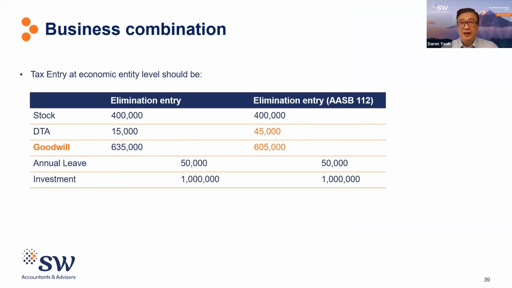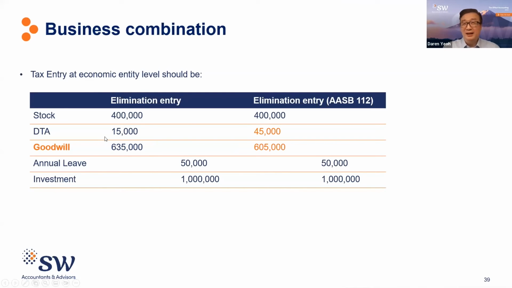So what does the journal entry look like? This is an initial elimination entry before we apply AASB 112, and this is after. Here we bring in the assets at fair value, 400,000 stock, DTA of 15,000, annual leave liability at 50,000. We eliminate the investment, and we bring in goodwill of 635,000 in the economic entity accounts.